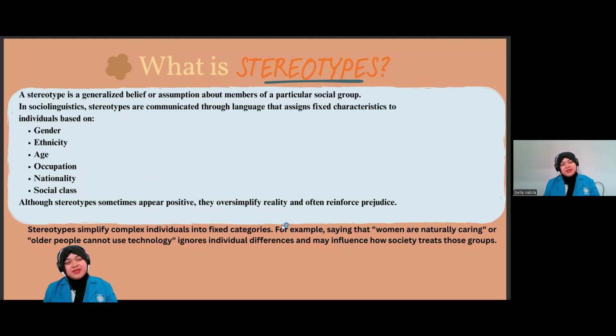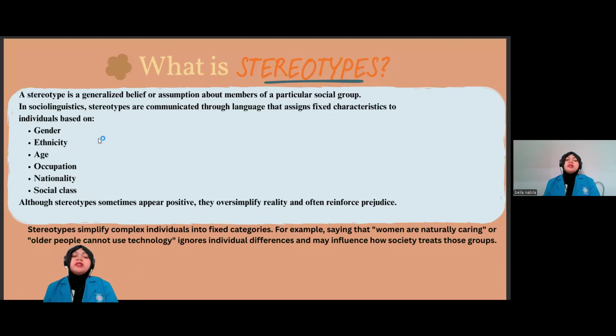What are stereotypes? A stereotype is a generalized belief or assumption about members of a particular social group. In sociolinguistics, stereotypes are communicated through language that assigns fixed characteristics to individuals based on gender, ethnicity, age, occupation, nationality, and social class.